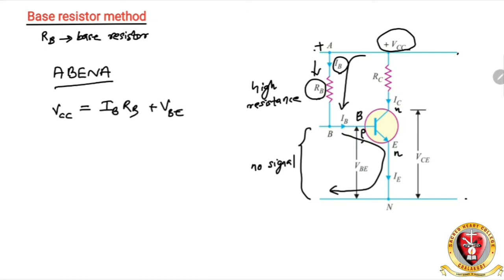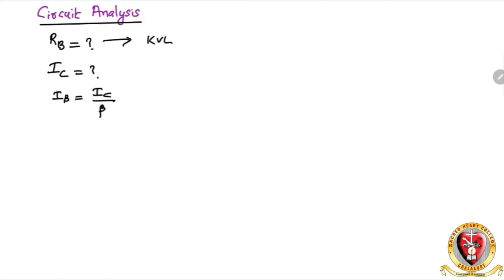So from this equation we can find RB. Let's write our equation applying KVL in the loop ABENA. We will get VCC is equal to IB RB plus VBE.